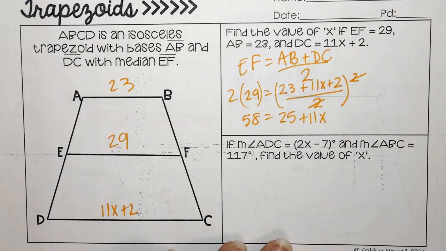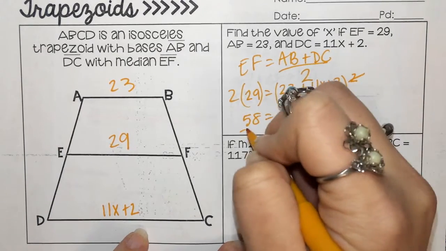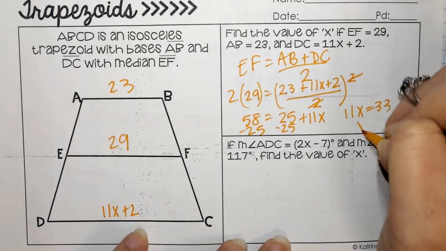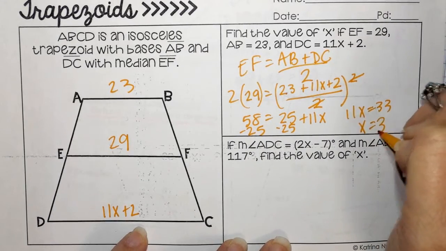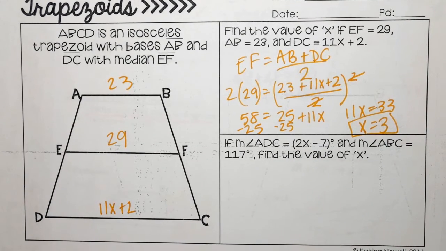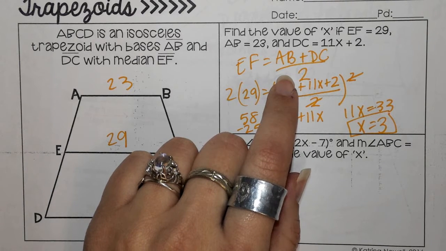Now what do I do? Good. And I get 11x equals 33. So what does x equal? 3. Was that really that hard? No. All you had to do was remember this formula, and you would have been alright.